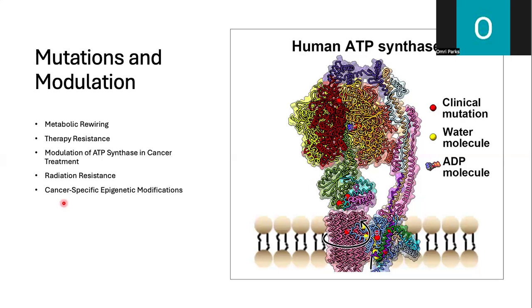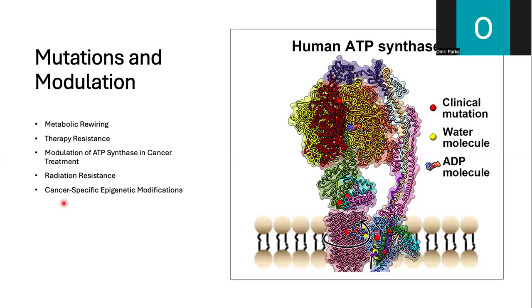And so for the modulations of cancer treatments, the group was able to find an increased expression of ATP synthase beta and gamma subunits in HER2 breast cancer.